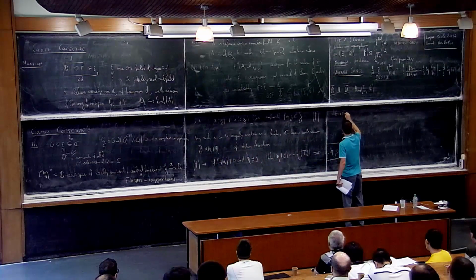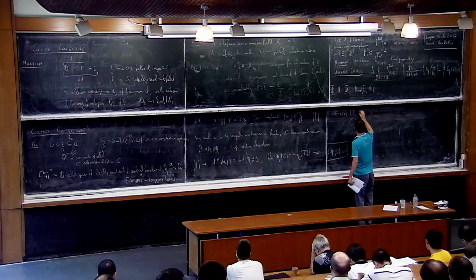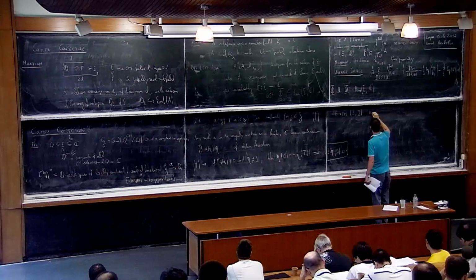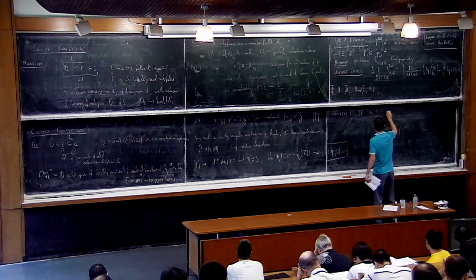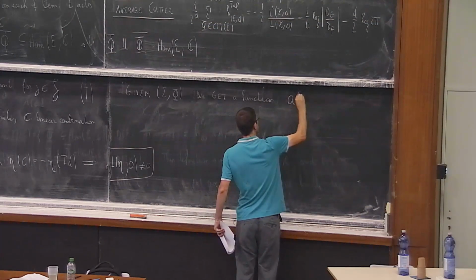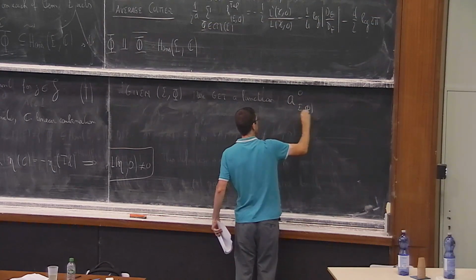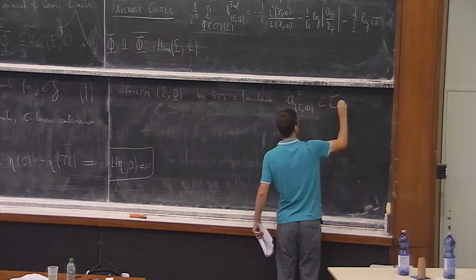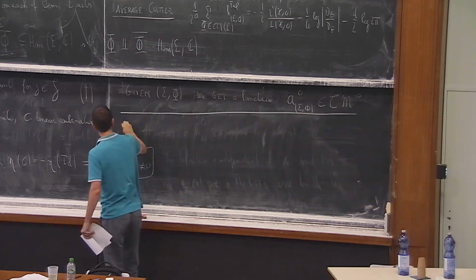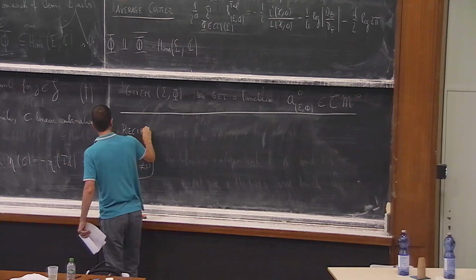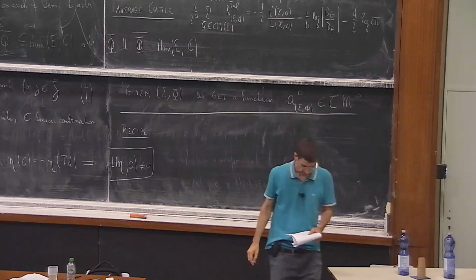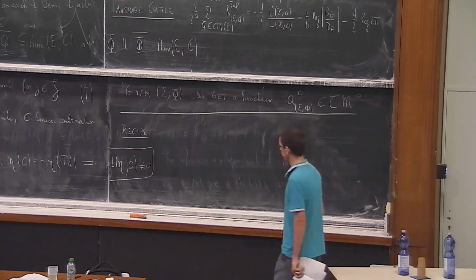So given E, phi, we get a function A_0 of E phi in CM0. And it's almost lunchtime, so it's time for a recipe, right? And so the recipe is the following.